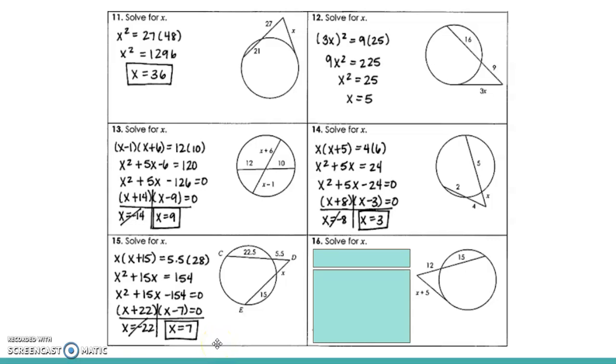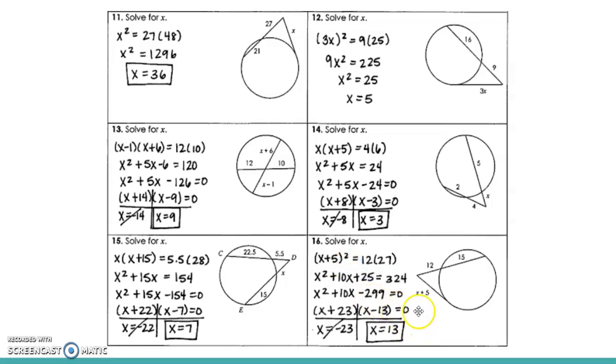Last example for our segment lengths is number 16. Number 16, we do have the intersection outside, and it's that third type, so we are going to take the x plus 5, and we're going to need to square that, and that's equal to 12 times 27. When I have x plus 5 squared, remember that's x plus 5 times x plus 5.